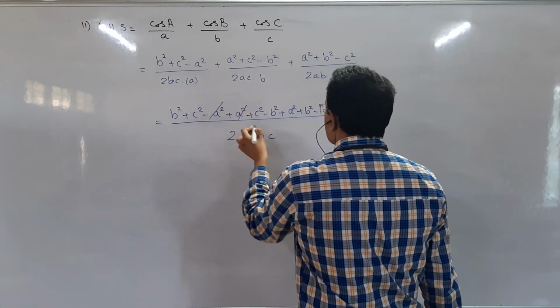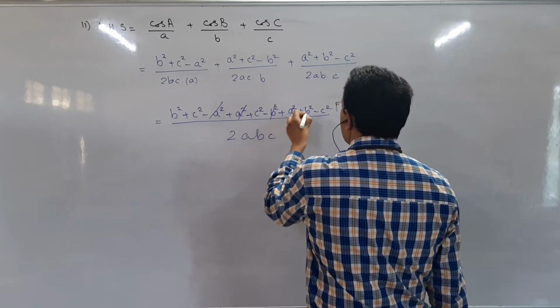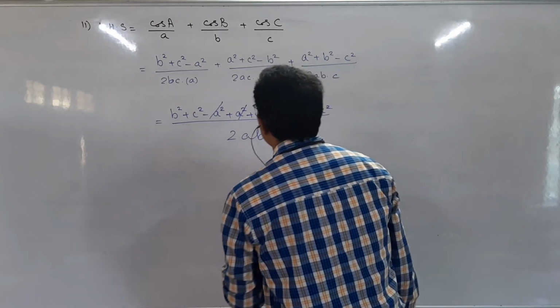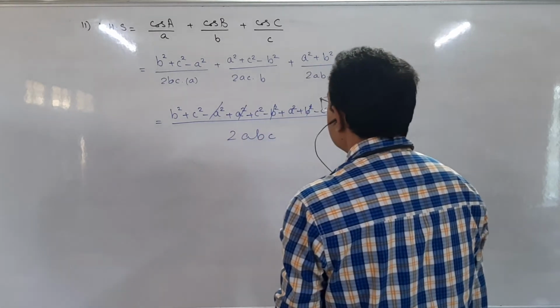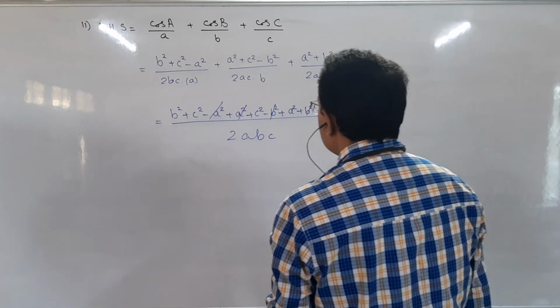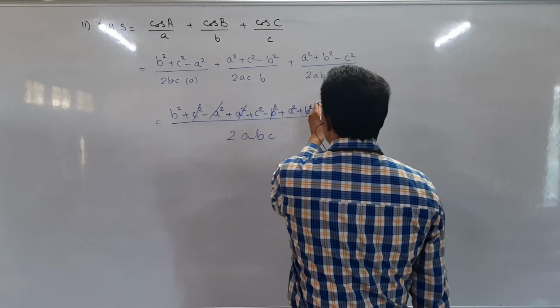One A square and A square cancelled, one B square and B square cancelled, and one C square and C square gets cancelled.